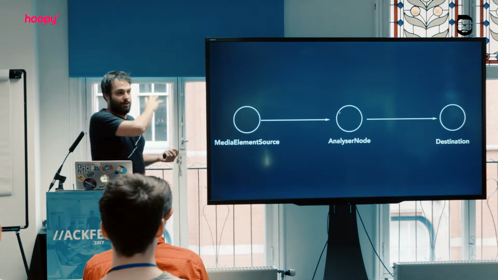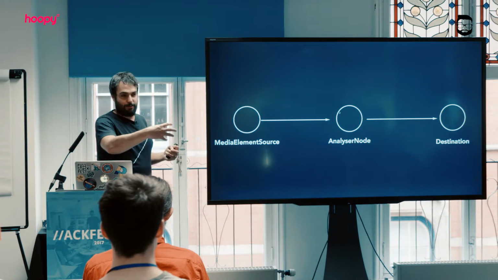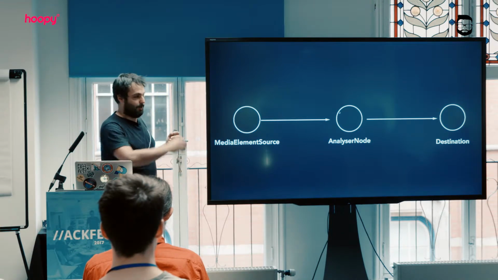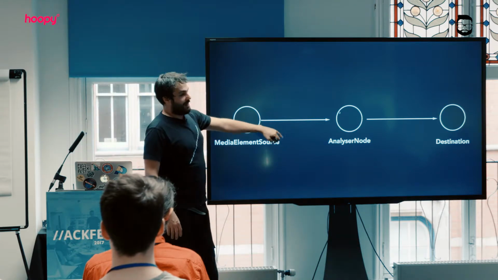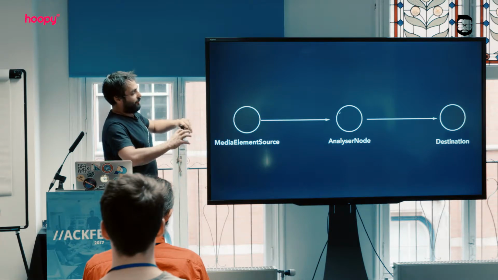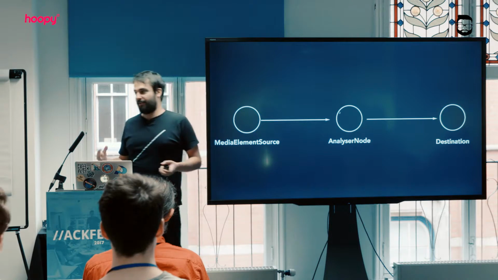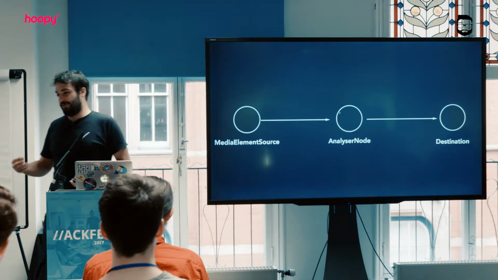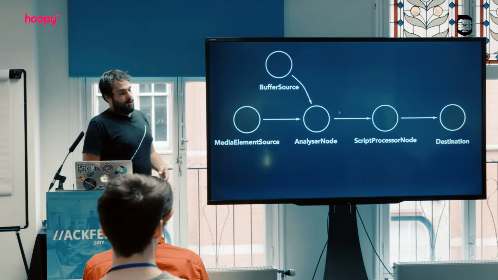When you attach an audio graph to a media element, it won't play straight through the browser; it will play through that audio graph instead, and it'll be muted in the browser. We've got this node in the middle called an analyzer node. It allows you to take a look at the data while it's flowing through. It doesn't interrupt the flow of data, but it allows you to interrogate it a little bit, which is what we want.